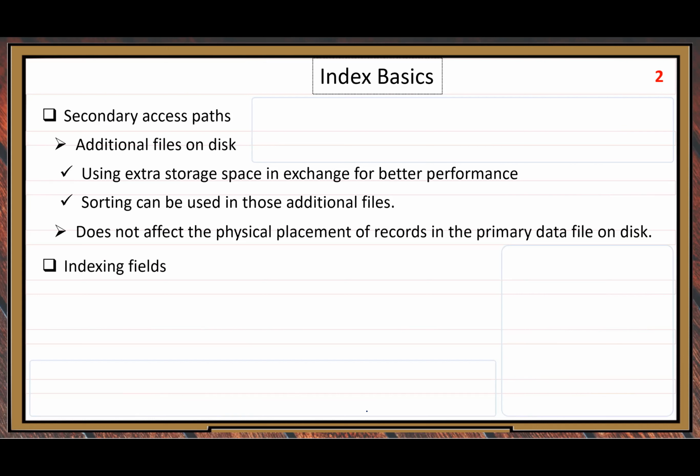Indexing fields. Let's consider if we need any special requirements on the indexing fields. Basically, any field of the file can be used to create an index. Basically any, though there must be some exception, so we need to put some specific requirement there.